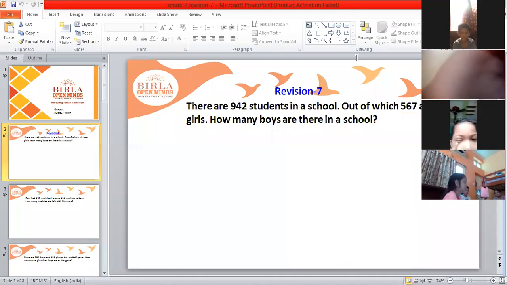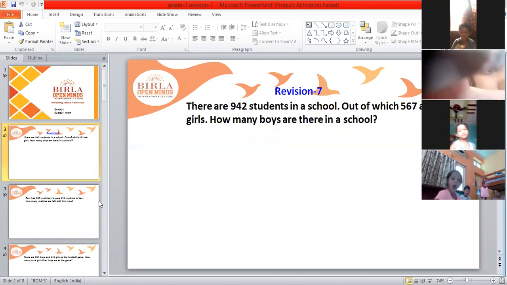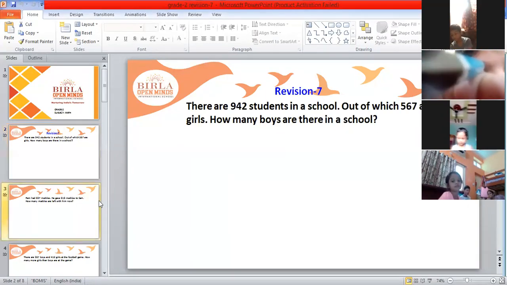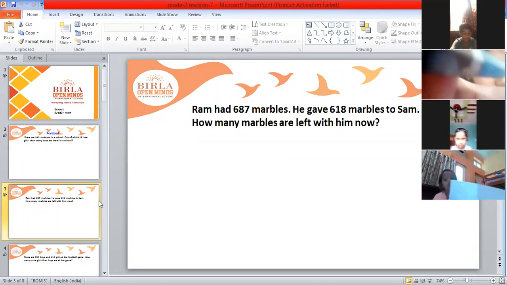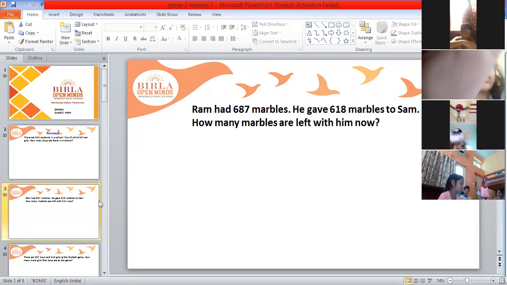Now, next question. Children, write down the second word problem. You will note down this word problem on the next page.